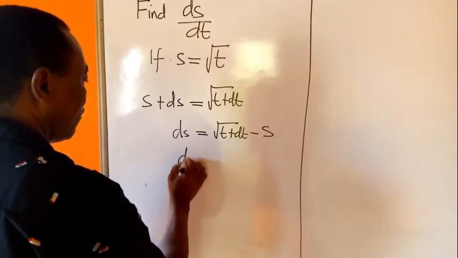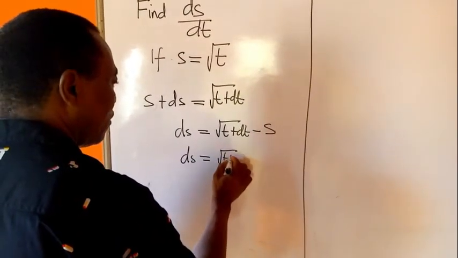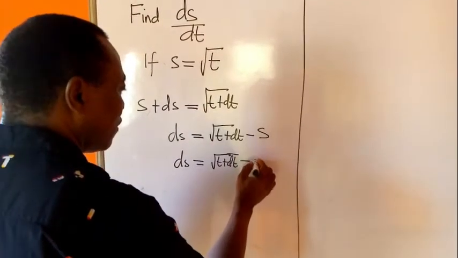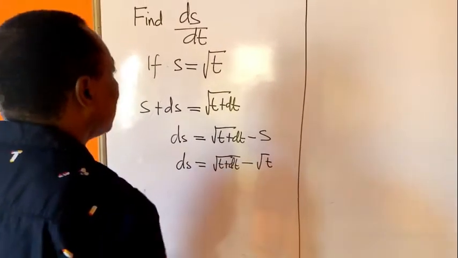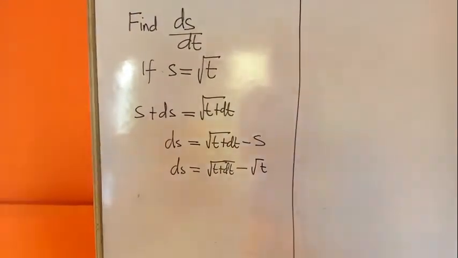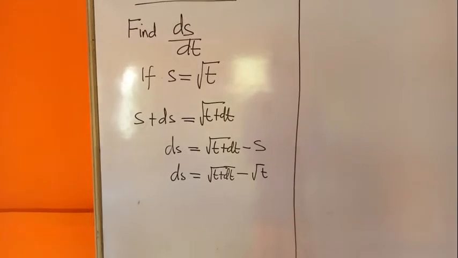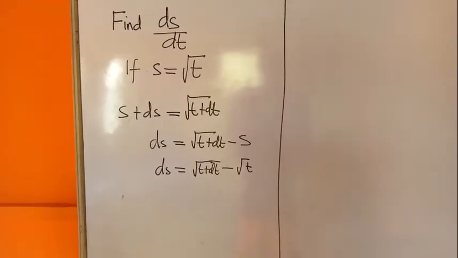So you now have the δx is equal to root t plus dt minus root t. So that's where you start with.